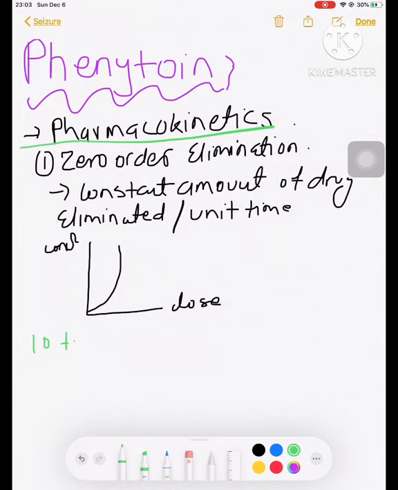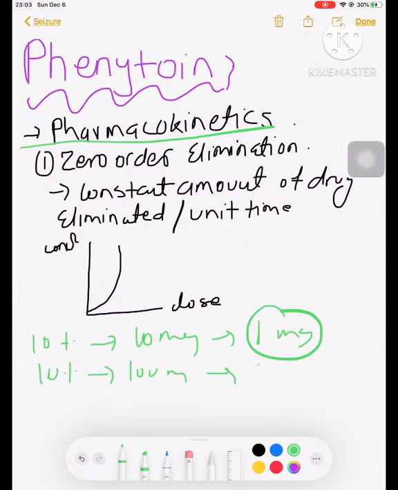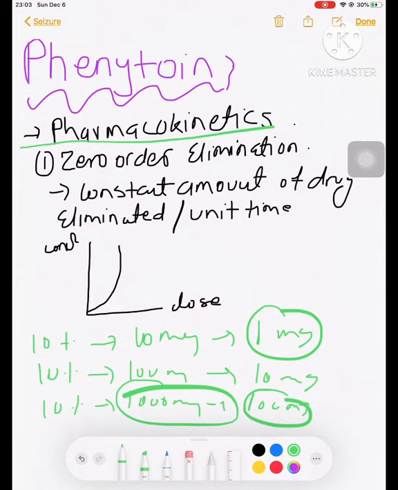So 10% of 10 mg is 1 mg, so 1 mg is excreted in 1 hour. If we keep on increasing the dose to 100 mg, then only 10 mg is excreted. If we increase the dose to 1000 mg, then only 100 mg is excreted, meaning the remaining 900 mg of the drug is still inside your body.